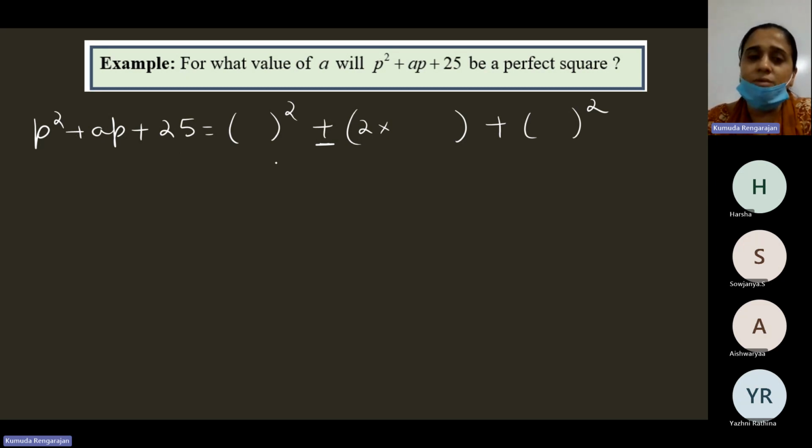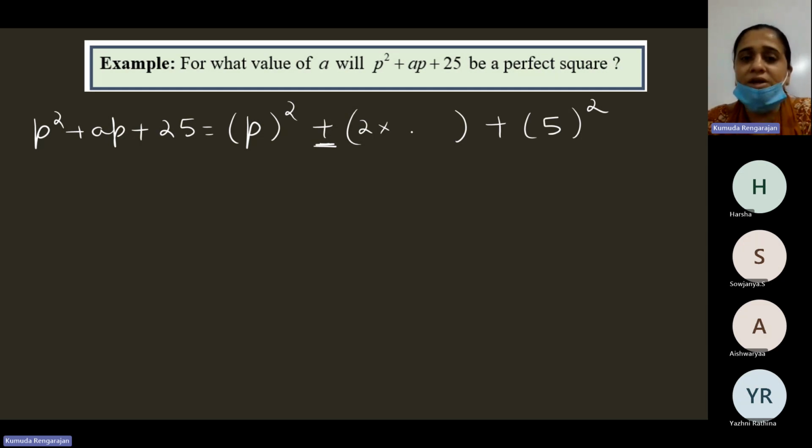Now this can be of the form a squared plus or minus 2ab plus b squared. Correct? I put a plus or minus here. Then what in the first bracket? p. The last bracket? 5.